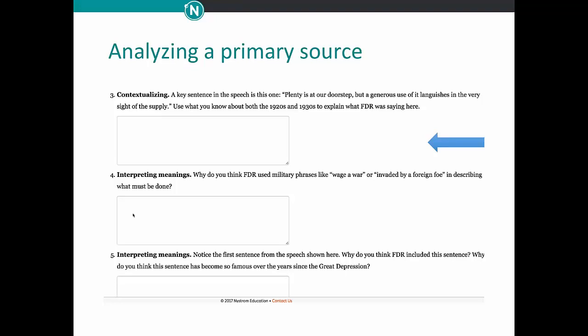What Roosevelt had to do was get the country thinking positively, that the Depression was a bad thing, but it was also something that could be beaten. If we work together, if we put our minds to it, we could defeat the Depression, or at least somewhat easily.